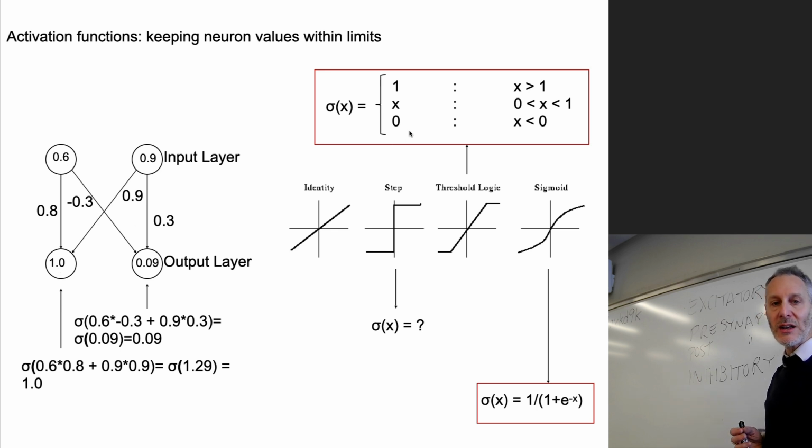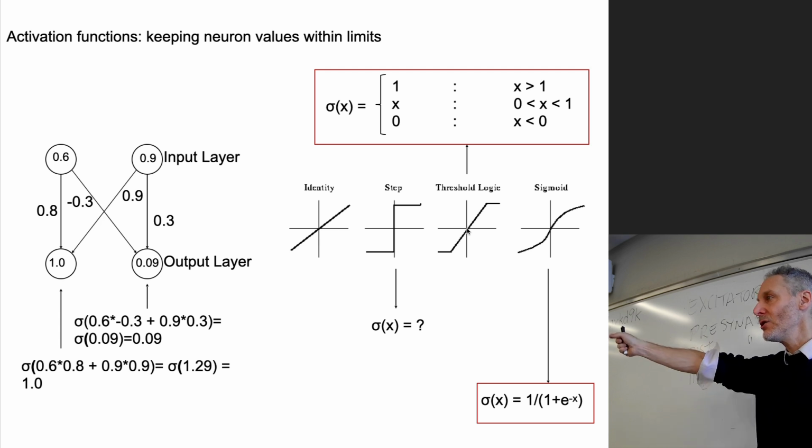We could use something like this function, which is the threshold activation function. As long as the x value here, this raw weighted sum, is within a relatively mild value, we just take that value and set the output neuron to that value.